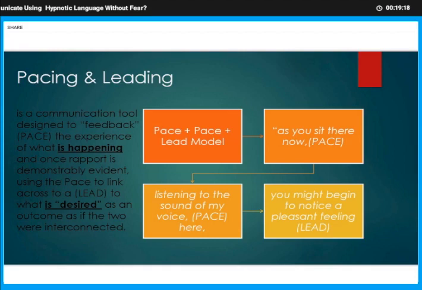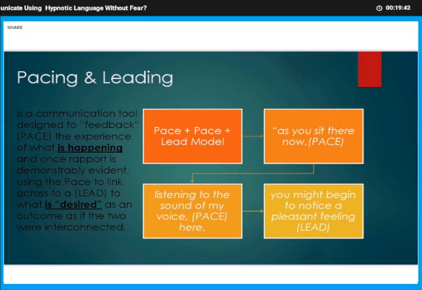This communication tool is designed to feed back, or pace, the experience of what is happening, and once rapport is demonstrably evident, which it will be through nodding along in agreement, through breathing being similar, through body posture, all of these things, in neurolinguistic programming, developing mirroring and matching.